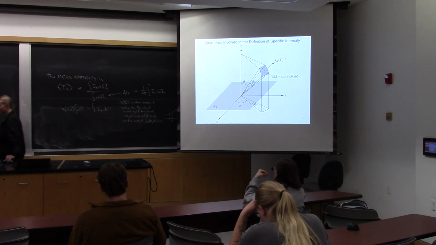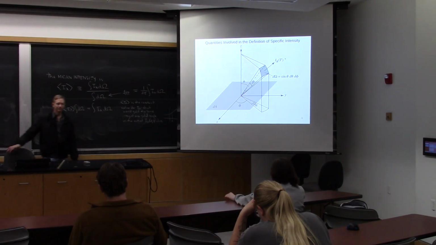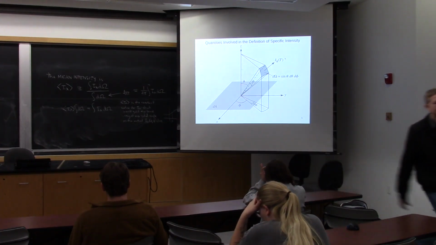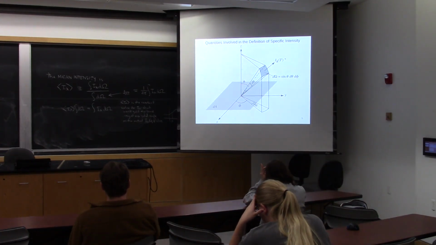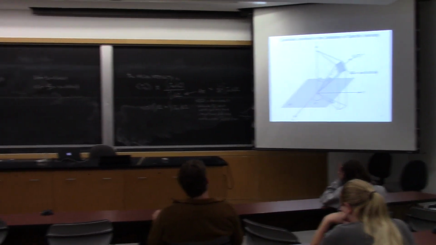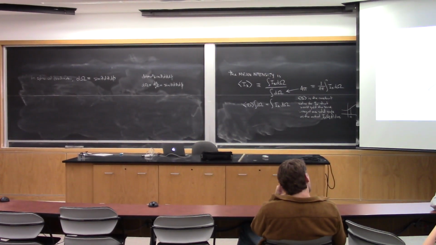Because boy, are we ever going to use that a lot. Makes sense? What questions do you have? Burn that into your brain. You should be able to reconstruct that diagram in a heartbeat. That should be very easy for you to reconstruct for yourself.